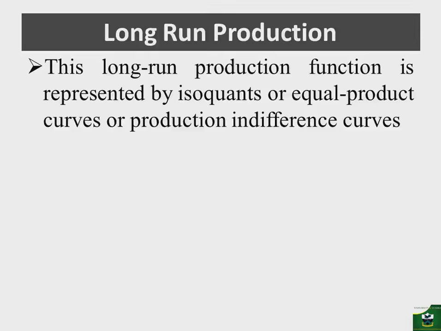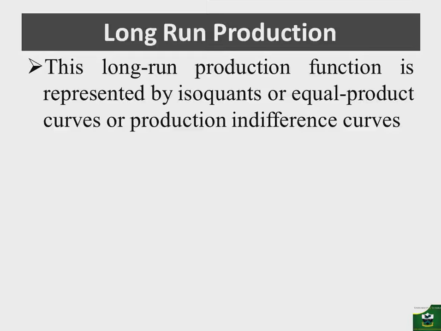Now, they are so-called production indifference curves because their structure is similar to those that we saw during the time we were looking at the consumer choice theory, which are the indifference curves. So in other words, even isoquants are convex to the origin and they are downward sloping.